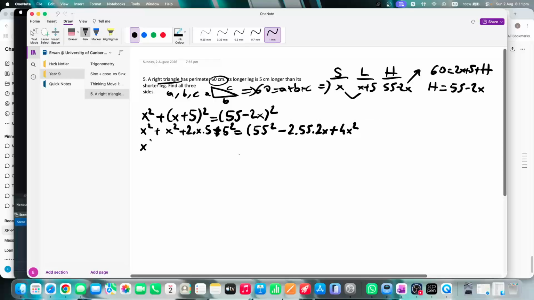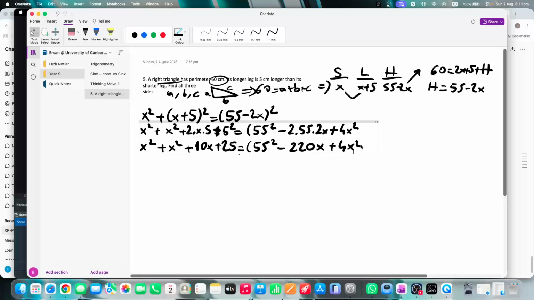Alright, so x squared plus x squared plus 10x plus 25 is, I'm going to leave it as 55 squared for the time being, 220x plus 4x squared.